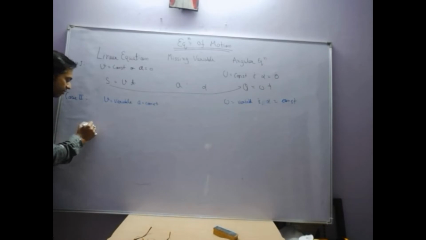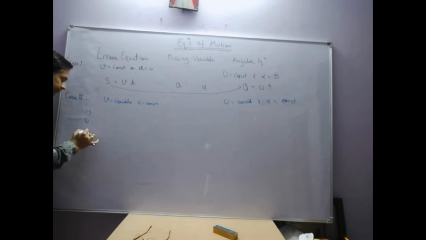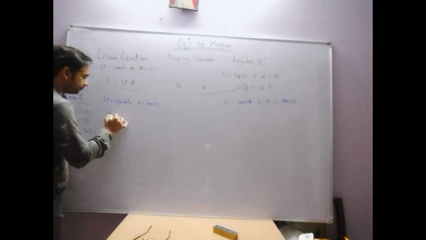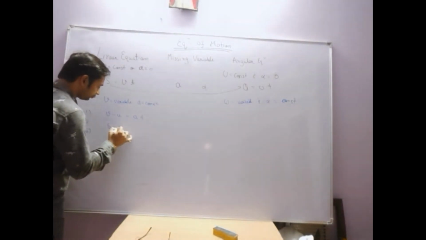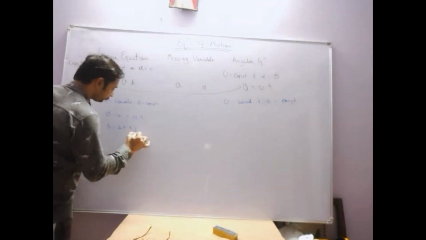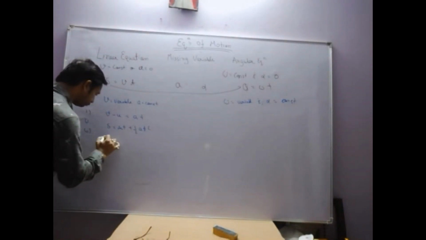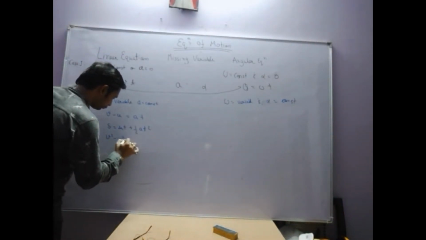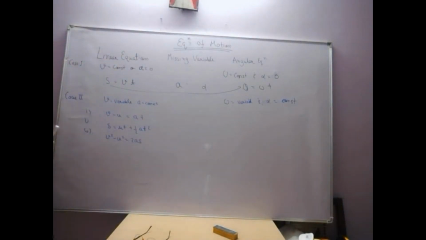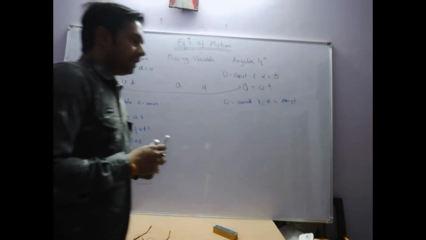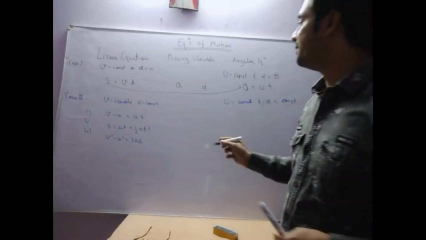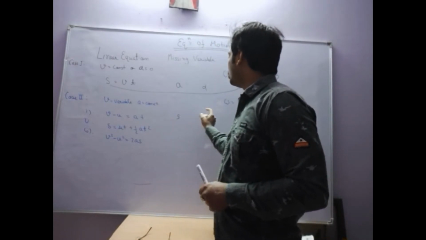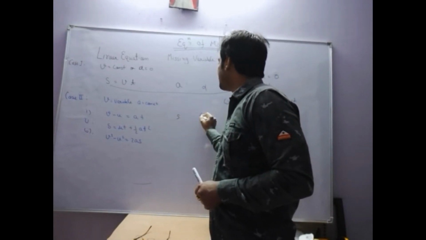In this, we have three equations of motion. In the first, v minus u is equal to at. The missing variable is displacement, so similarly the missing variable will be theta.